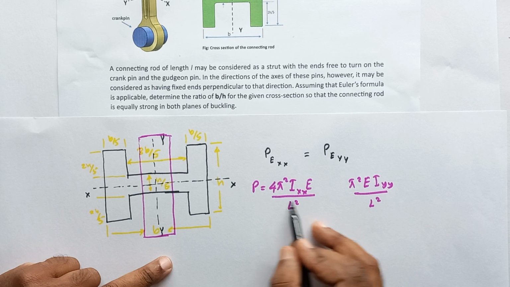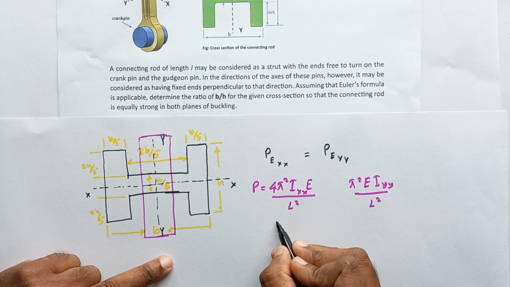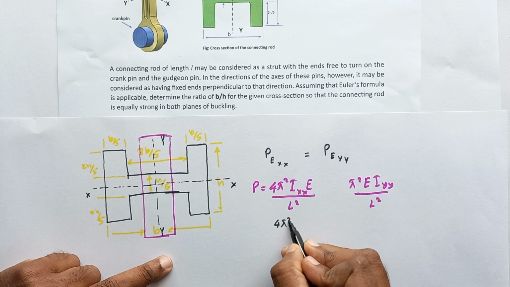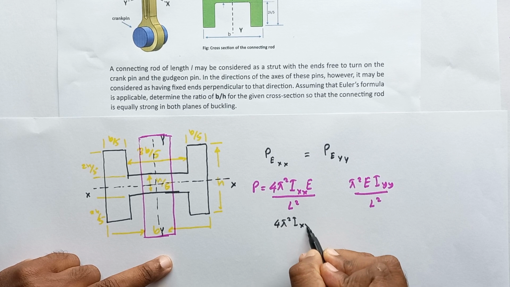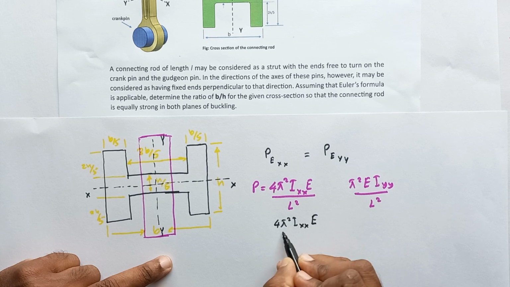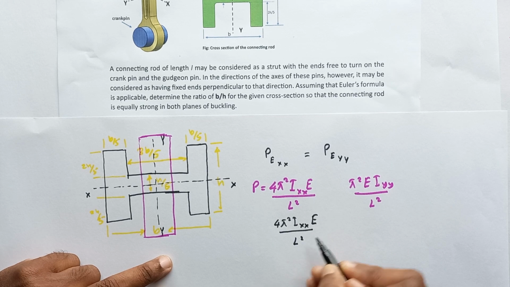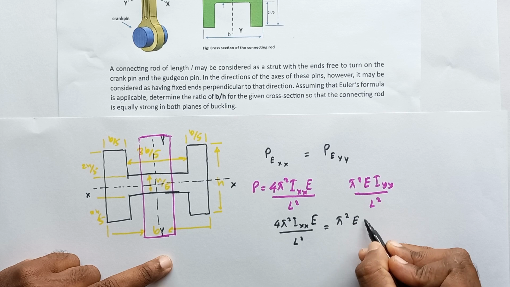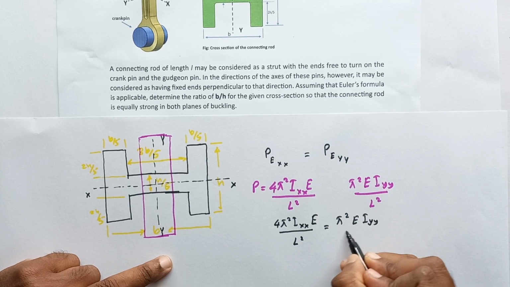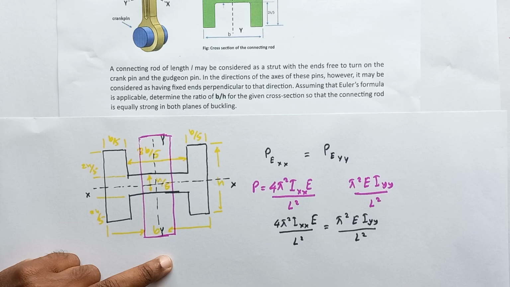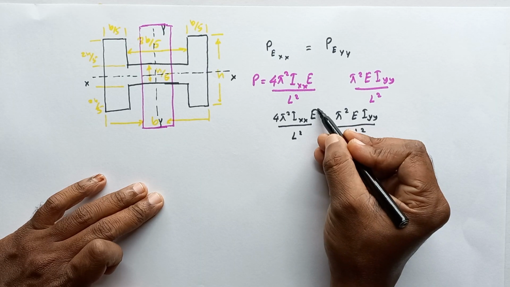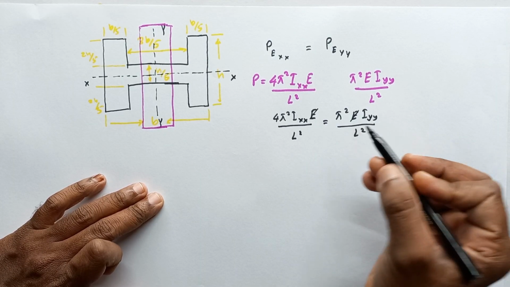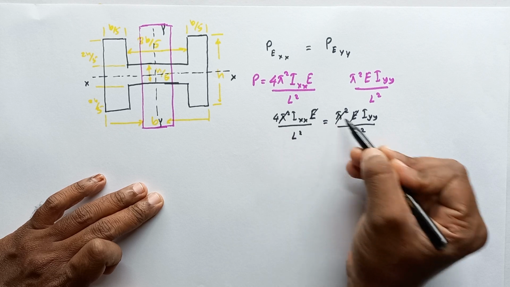In this case, these two buckling loads should be equal. That means 4π² Ixx E divided by L square should be equal to π² E Iyy divided by L square. Here we can cancel the elastic modulus, π² and L square.